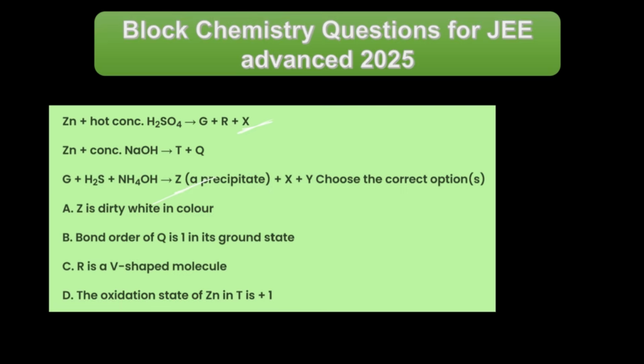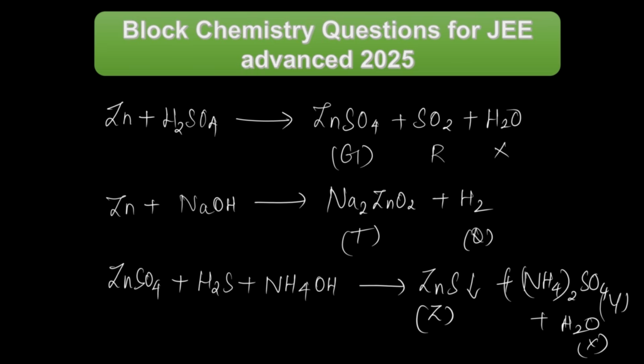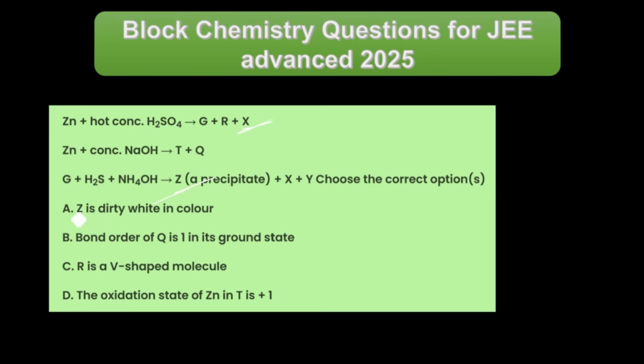So what are the options? Z is dirty white in color. ZnS is dirty white in color. Sulfide compounds always go with a dirty shade, like grey or black. Zinc sulfide is dirty white. The second one: bond order of Q is 1 in its ground state.